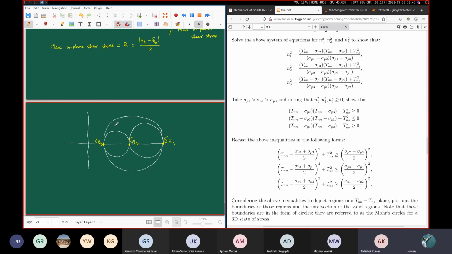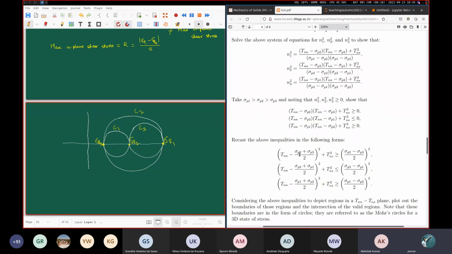So this is C1, this is C2, and this is C3. You tell me which one does this equation correspond to? Which circle in this diagram does this equation correspond to? C1. Yes. So the first one corresponds to C1.